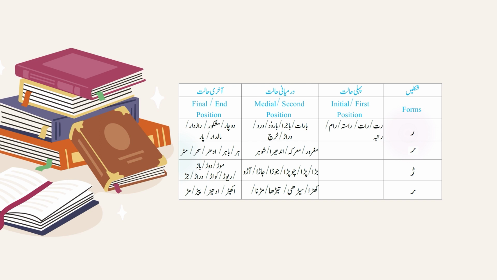When the alphabets which belong to the Ray group are connected, they turn into short forms. They differ from their full form and are foot-like. So here we have Ra when it is connected and in medial or second position. Okay, this makes clear the concept of short forms of the Dal group and full form of the Ray group.